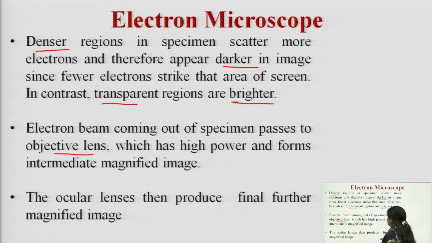The electron beam coming out from the specimen will be collected with the help of the objective lens, which has higher power and forms an intermediate magnified image, placed below the specimen. The ocular lenses then produce the final further magnified image.